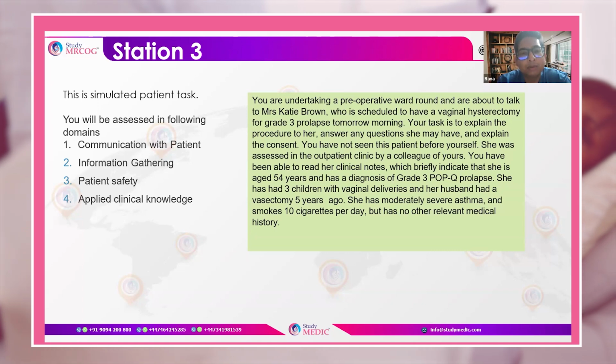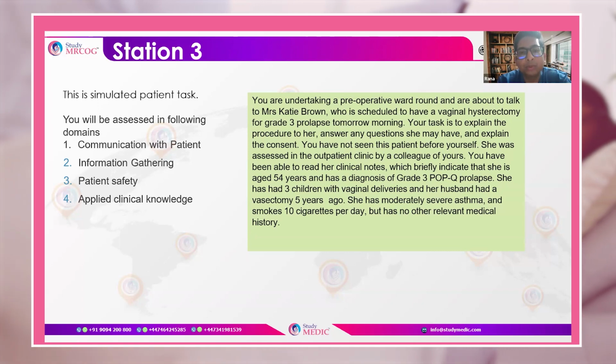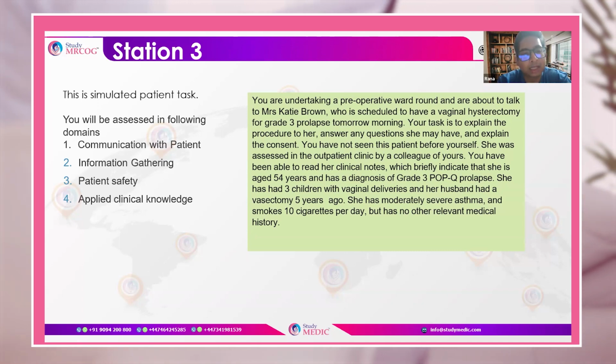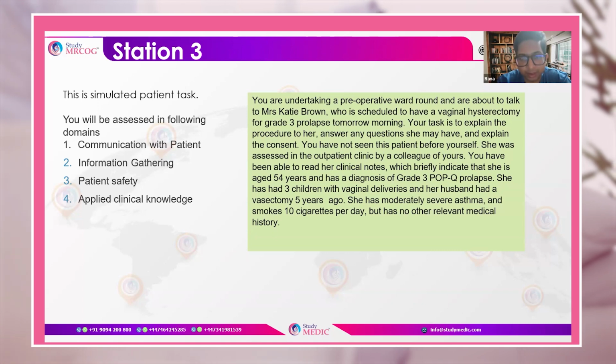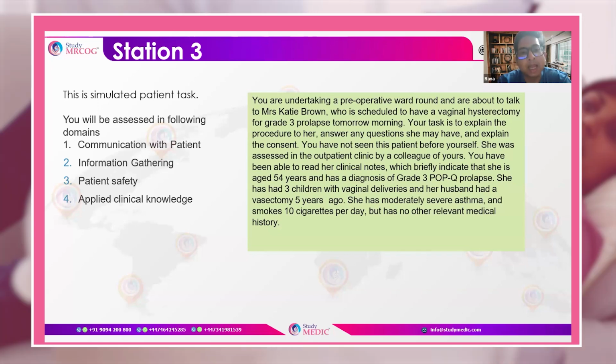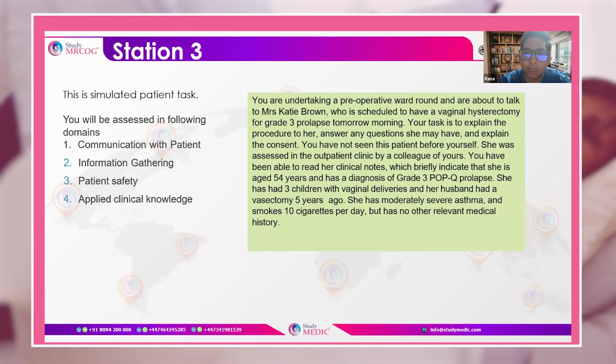Whenever you are reading the information, go through each of the risk factors she has, especially the asthma. In her case, asthma and smoking are risk factors, both of which should be optimized pre-operatively, and precautions should be taken during the operation.